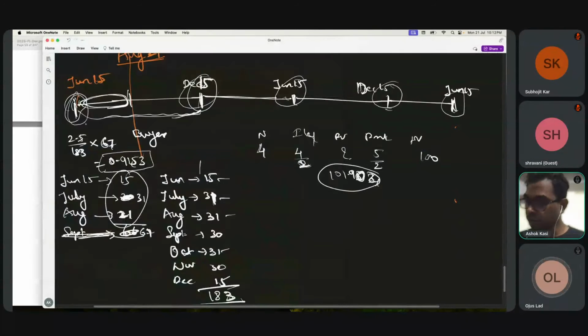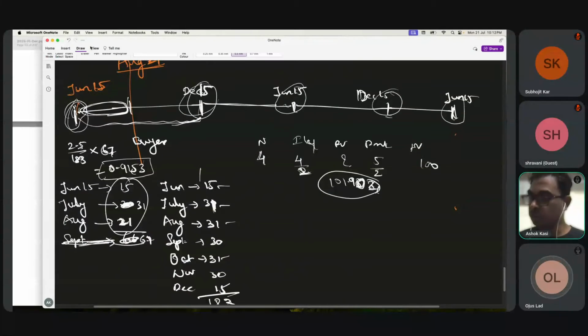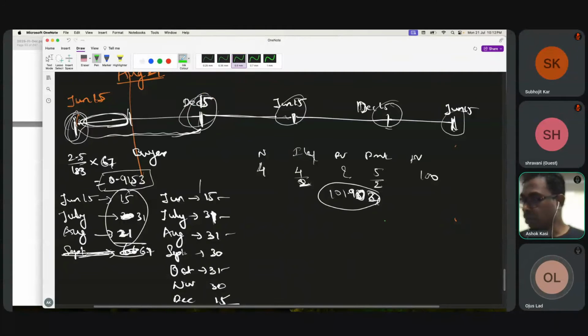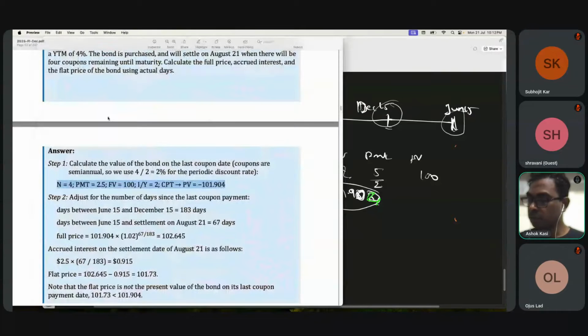So now I have understood that the price is 101.904 here. How do I drag this price to August 21? So how do I do? So it will compound 1 plus the YTM.